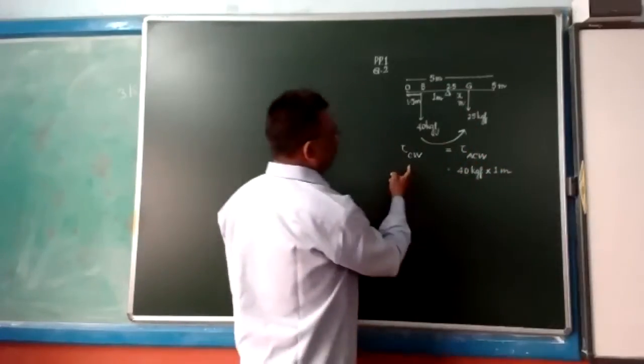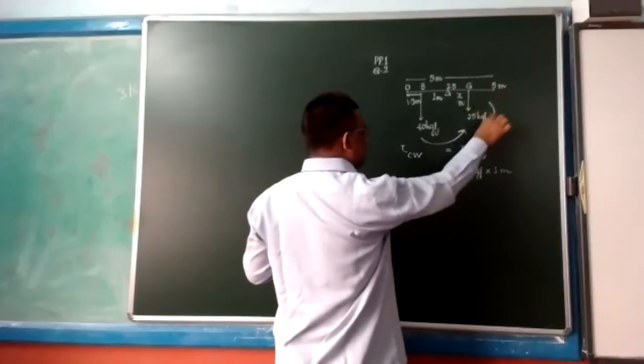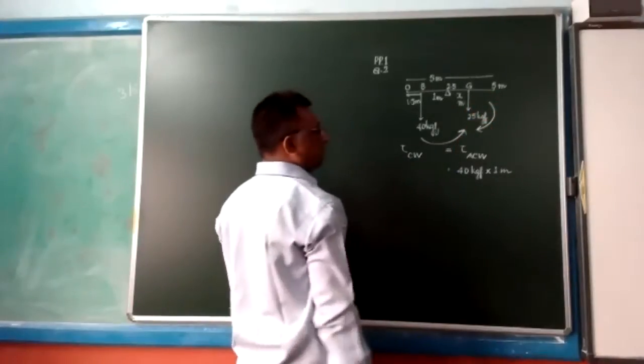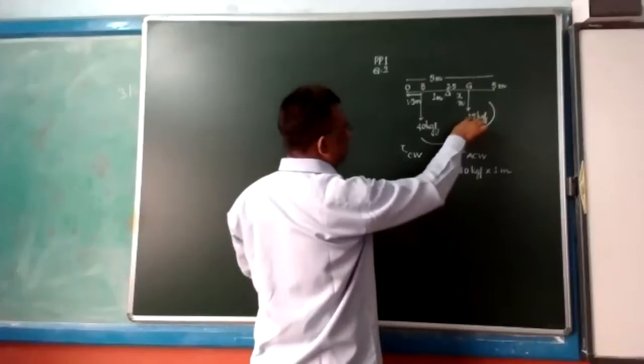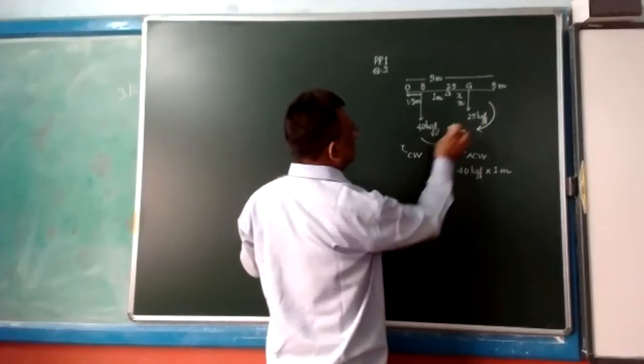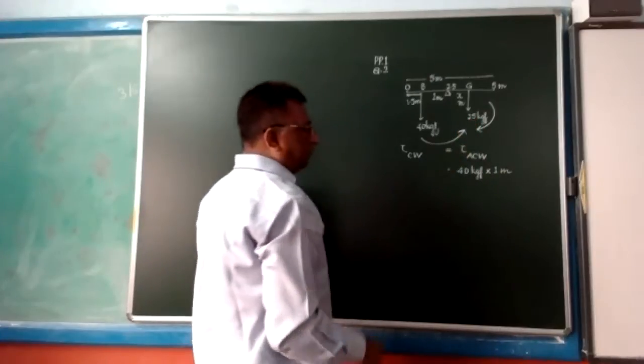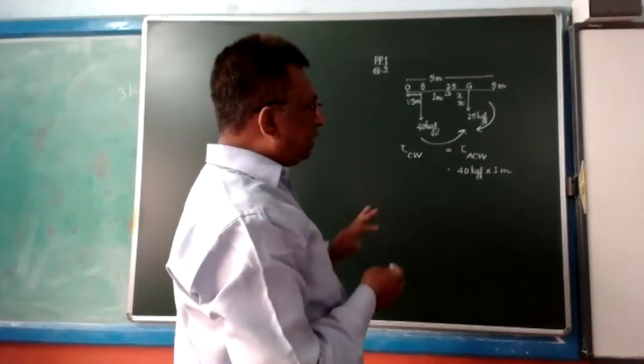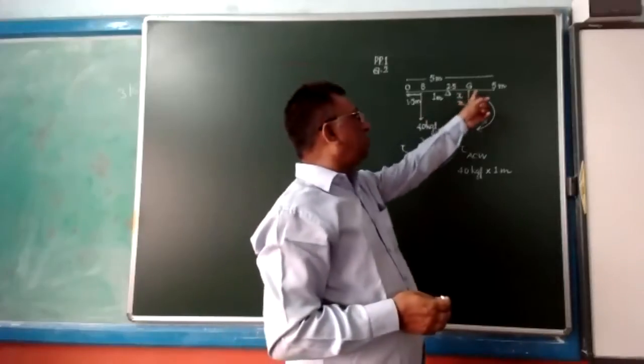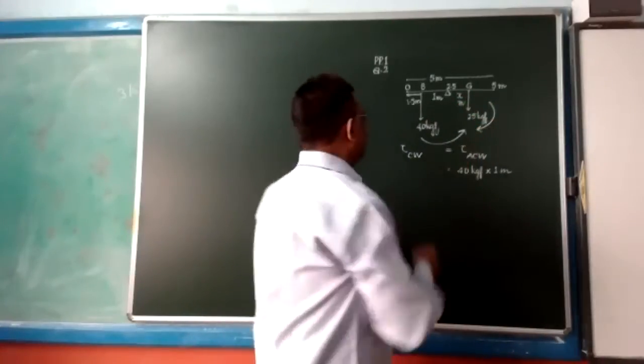And this is the clockwise moment of force. Here, this force of 25 kg will turn the seesaw in this sense.